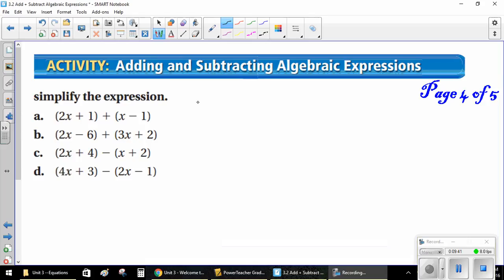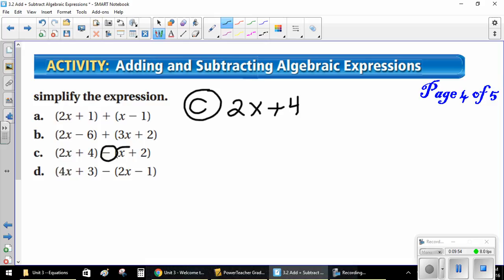So here's example C. Now remember, with examples C and D, I should be careful because there is a little bit of difference. So 2x plus 4, you guys see this minus sign? It's saying take the opposite of everything in there. So it's going to become minus x. See that plus 2? It becomes its opposite, it becomes minus 2.